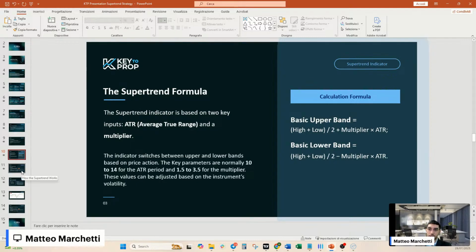Most of the clients, even those trading with one indicator, don't actually know what the indicator is. They don't know what is behind the formula. They don't know the formula. They don't know what the inputs are or where the inputs come from.